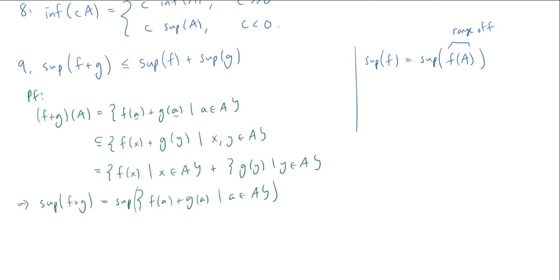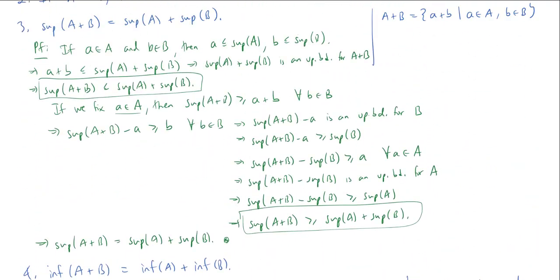But because this set up here is a subset of the one down below, and I can even use the one on the bottom, this is less than or equal to the supremum of the set of all f of x's, where x is in A, plus the set of all g of y's, where y is in A. Okay, but now I have a sup of a sum of sets.